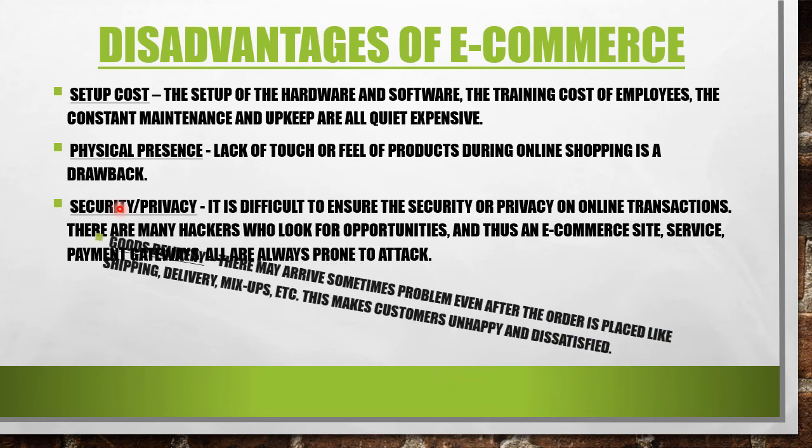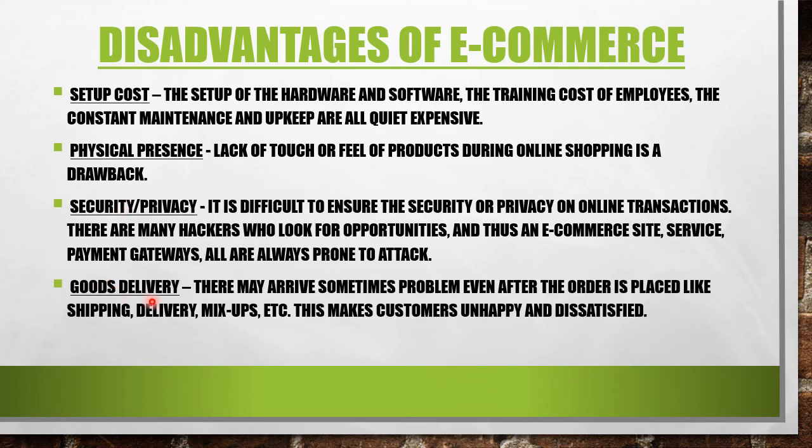Then next, goods delivery. There may sometimes arise problems even after the order is placed, like shipping and delivery mix-ups, etc. This makes customers unhappy and dissatisfied. What is the meaning of this? Once you have ordered the product, it is going to take some time to come to your place.